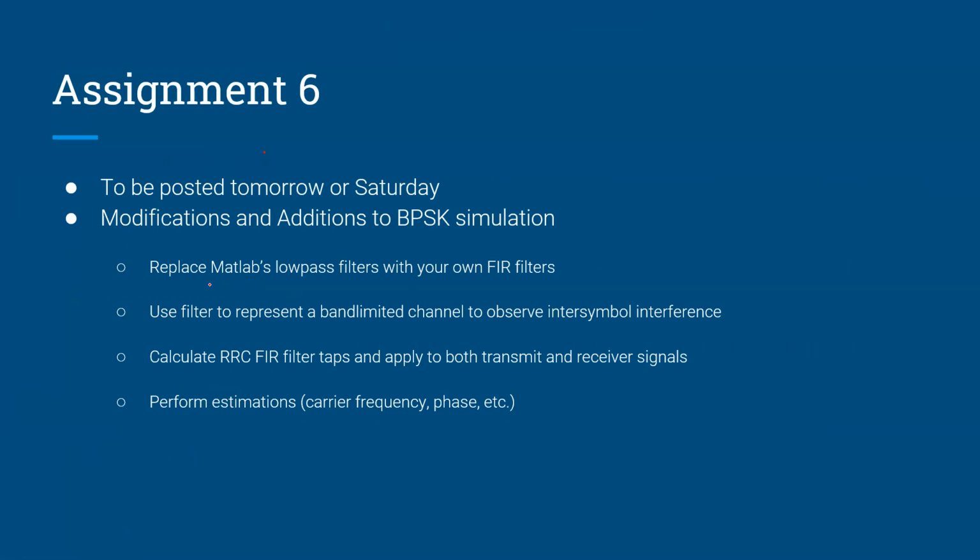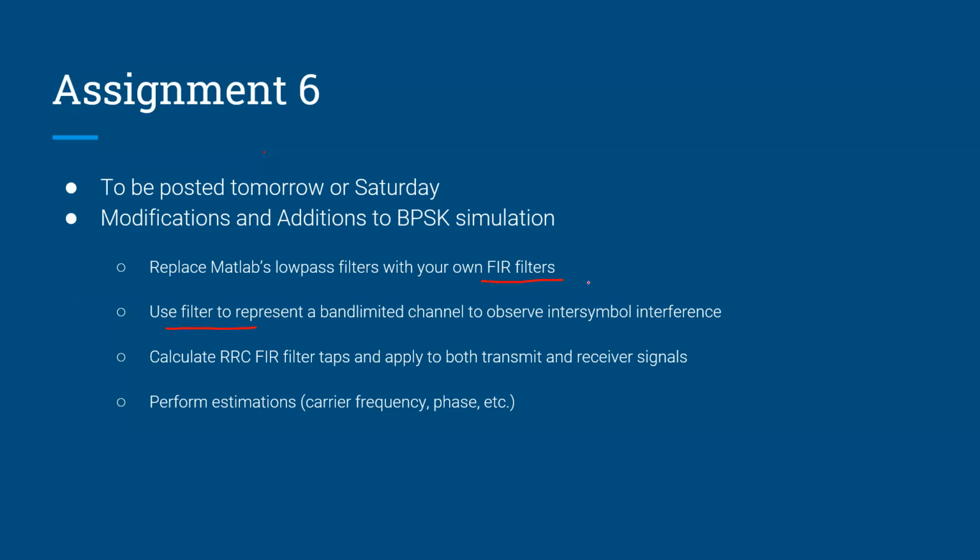So you'll first replace those low-pass MATLAB filters that you use in demodulation with your own FIR filters that you'll design. You can use a filter to represent the wireless channel. And so that wireless channel might include frequency selectivity or be band limited, meaning it essentially acts like a low pass filter maybe.